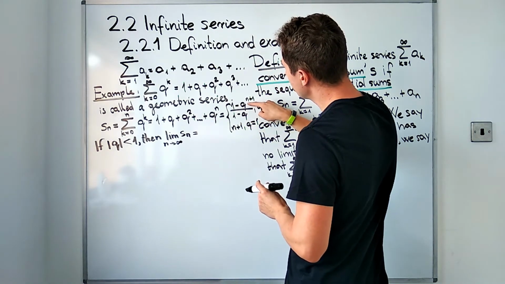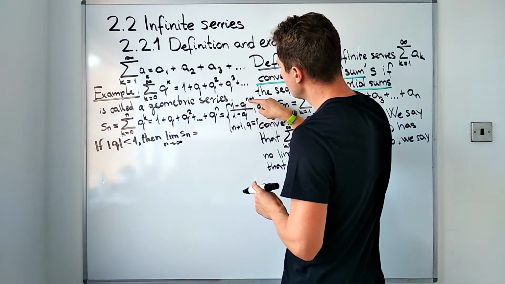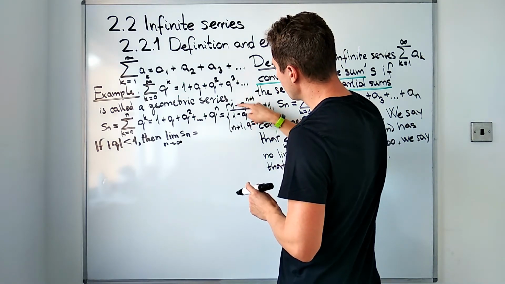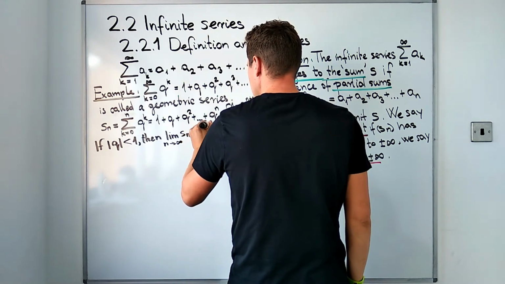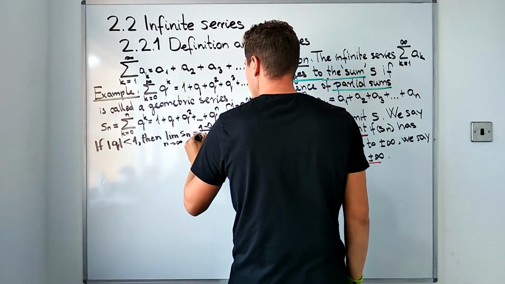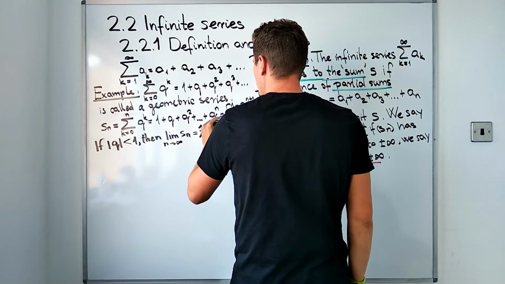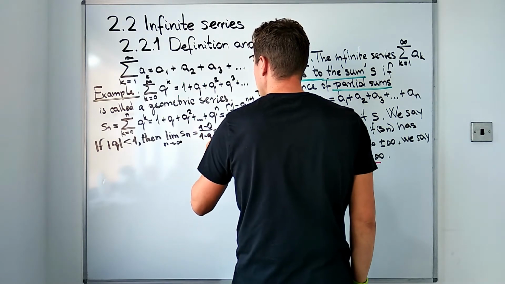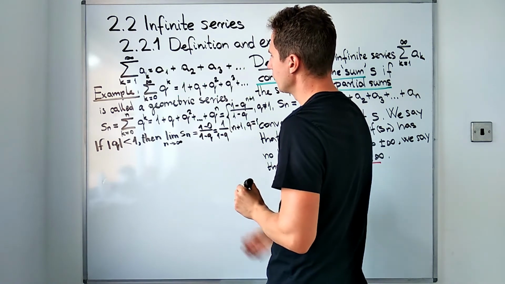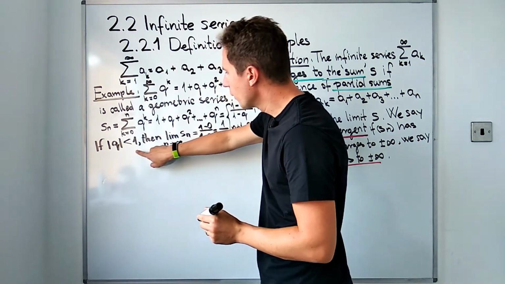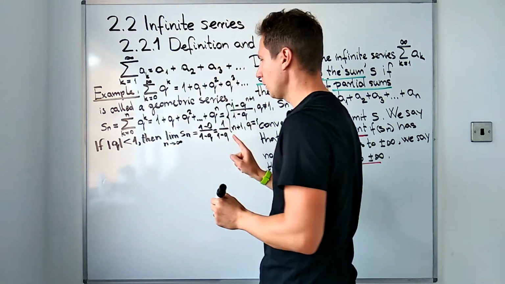Q to the n plus first power as n goes to infinity is going to converge to 0. So let me just write this as 1 minus 0 divided by 1 minus q, which is 1 over 1 minus q. Okay, so this is exactly the sum of our geometric series if q is between -1 and plus 1.